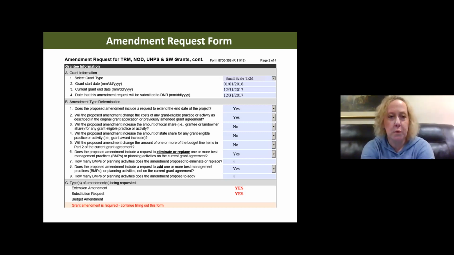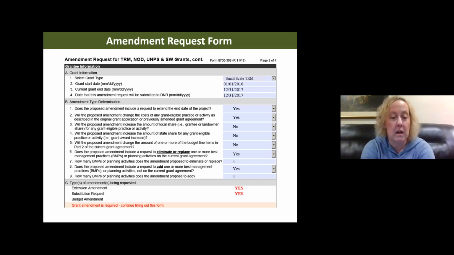Once you've completed the amendment request form, you'll need to submit it to your regional Nonpoint coordinator, who's going to review it and approve it and move it then to our Nonpoint Source grants team. We have a grants team that's made up of supervisors and staff, both in our runoff management program and our community financial assistance and finance bureaus.